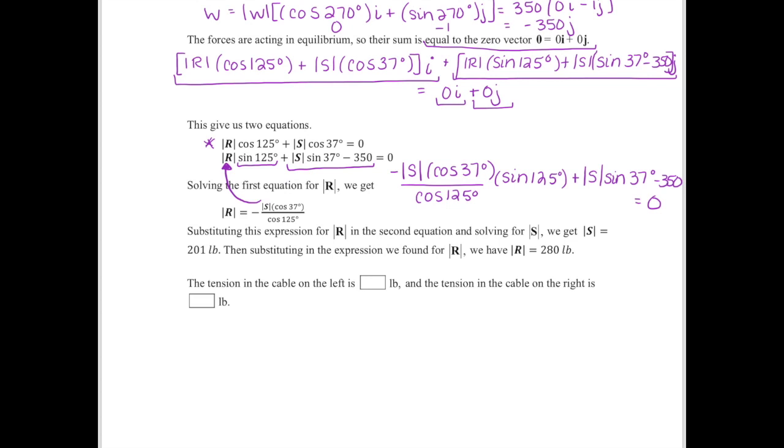What we can do then is add 350 to both sides and then isolate, because I can factor out this portion here.